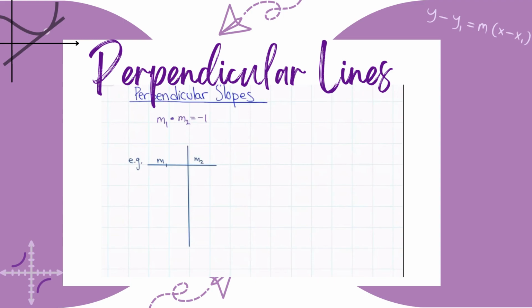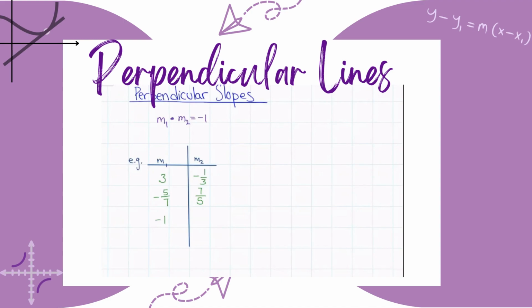If my slope 1 was 3, then my slope 2 will be -1/3. If my slope 1 was -5/7, my slope 2 would be 7/5. Okay? So if my slope 1 is -1, what would be my slope 2?